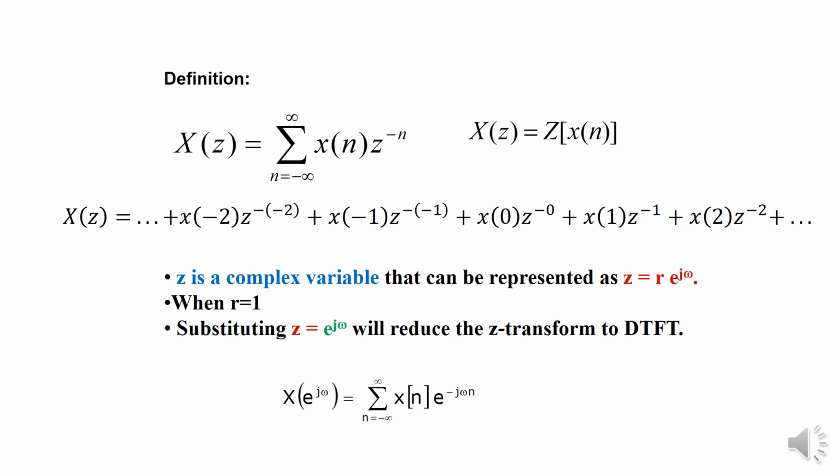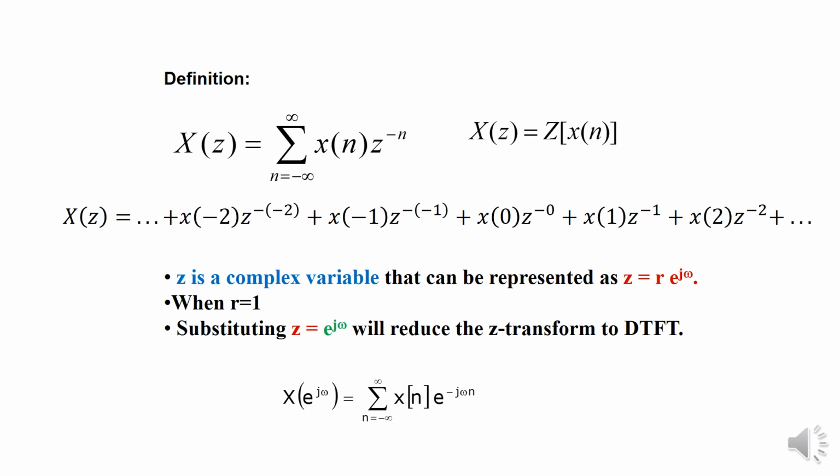So hope you can remember when you were doing Fourier transform and the Laplace transform, right? In Fourier transform you will have terms called j omega, right? And if you replace j omega terms by s, that means the Laplace variable s, then what you are getting is the Laplace transform. Or if you have the Laplace transform with s terms, if you substitute s equal j omega, what you are getting is the Fourier transform.